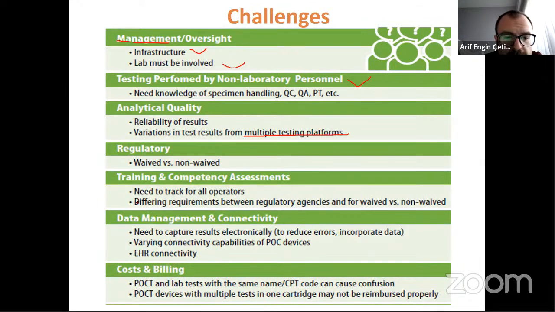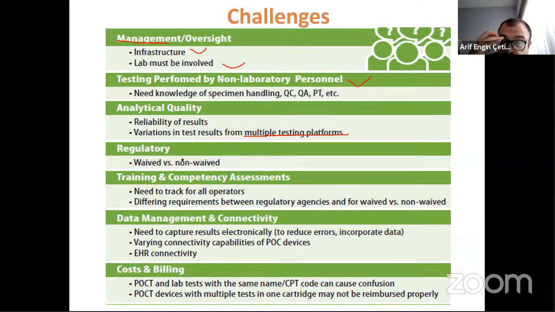So, training. You have a lack of training or education. Compared to, again, classical tests, the interpretation of the POCT tests is not performed by an operator or a clinician or a doctor.